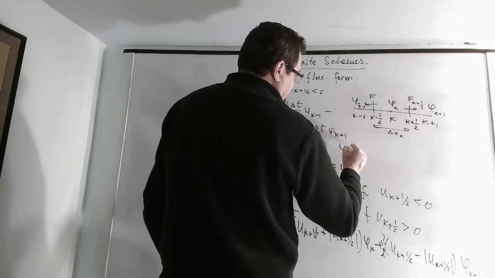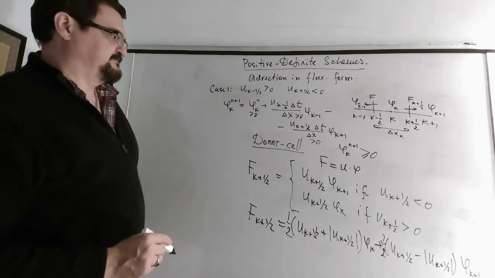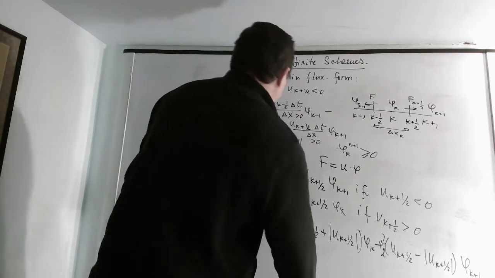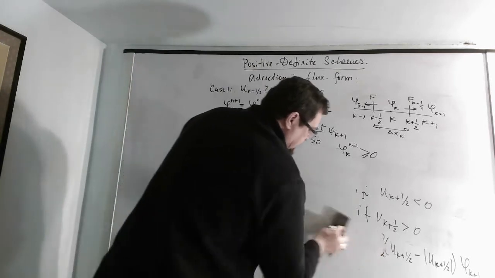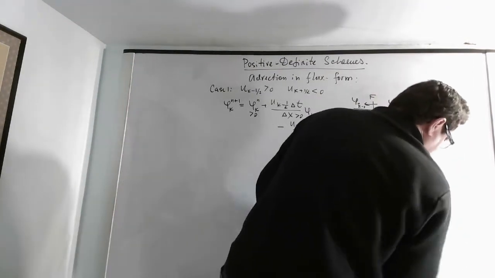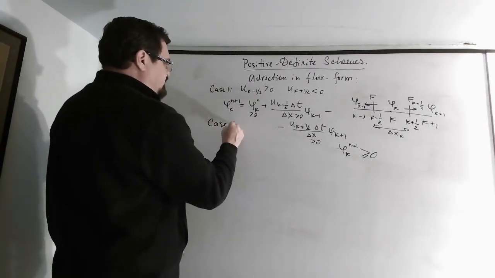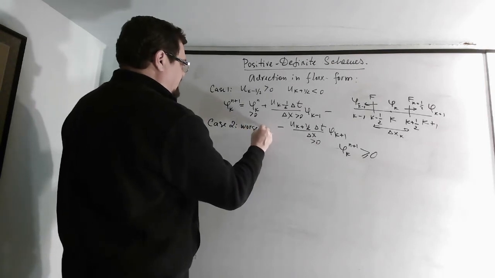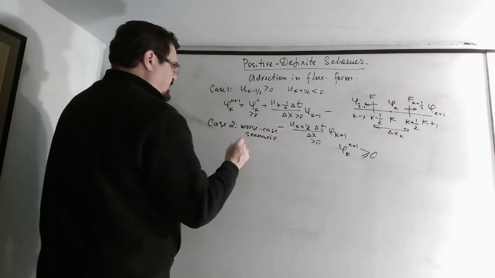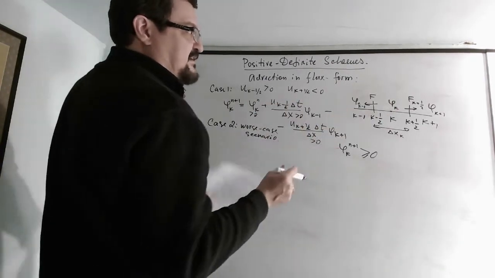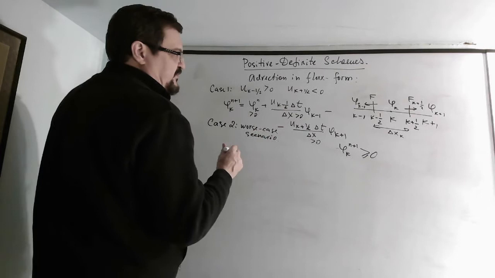So phi_k^{n+1} will always be positive definite. Now let's consider case 2, which is extreme. We won't consider all 4 possible cases, but consider the worst case scenario. It's when there is divergence away from the cell.